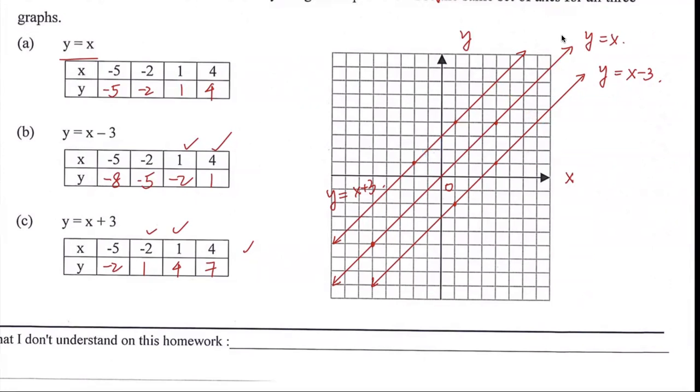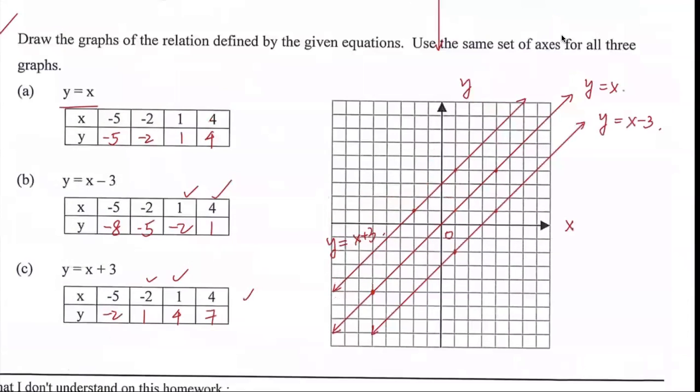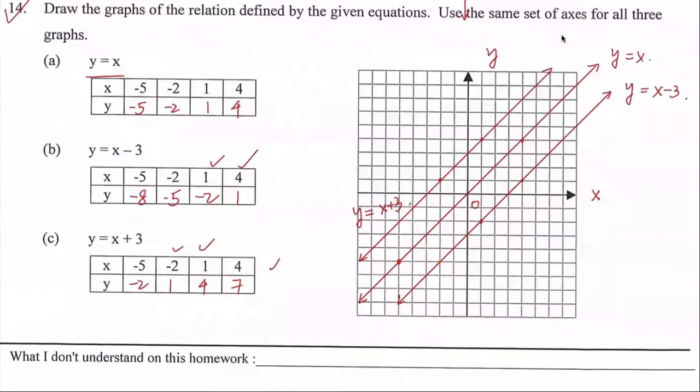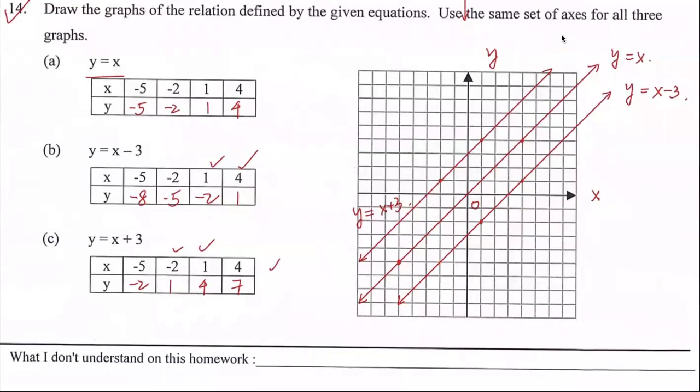So the conclusion that this question is trying to tell us, let me try to make this as simple as possible. What makes the steepness of a straight line is the slope.